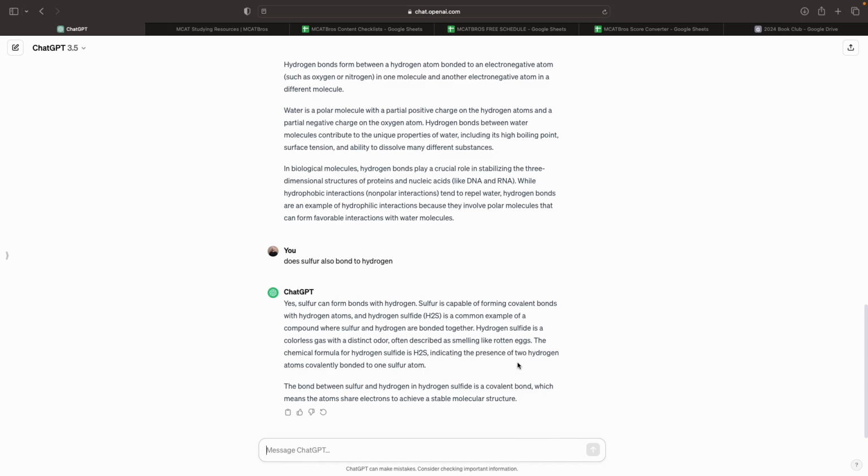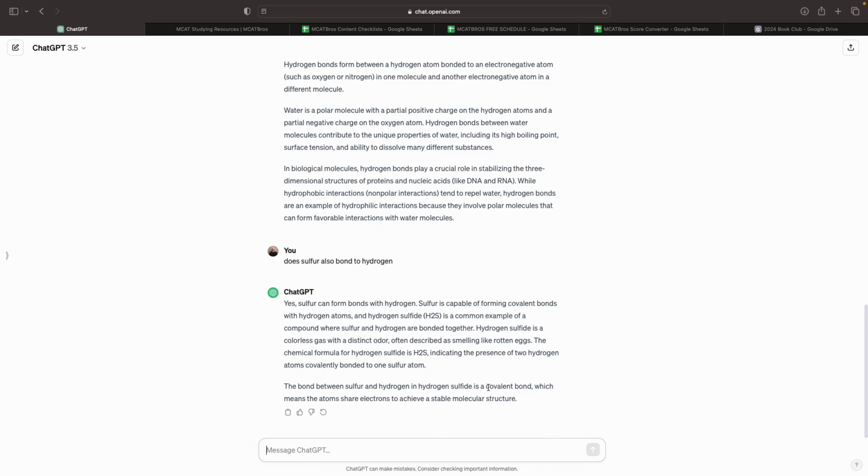I'm sorry for that. So we have hydrogen sulfide, which is H2S, and it's a common example of a compound where sulfur and hydrogen are bonded together. So it is a covalent bond.